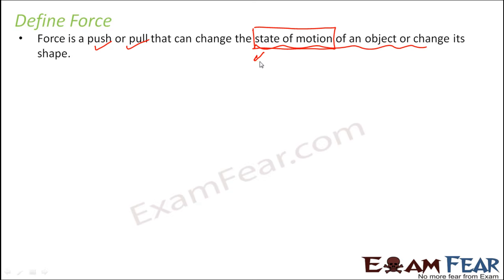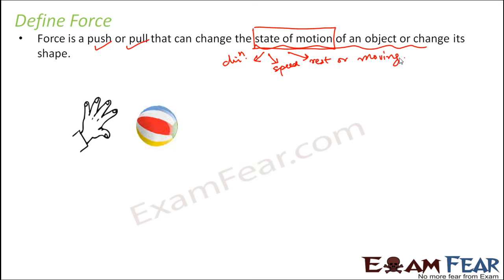So when we talk about state of motion, it would include the direction of motion, it would include the speed at which it is moving. The speed could be slow, it could be fast. It also talks about whether the object is at rest or it is moving. So all these things define the state of motion. Now whenever a force is applied, it is capable of changing the state of motion.